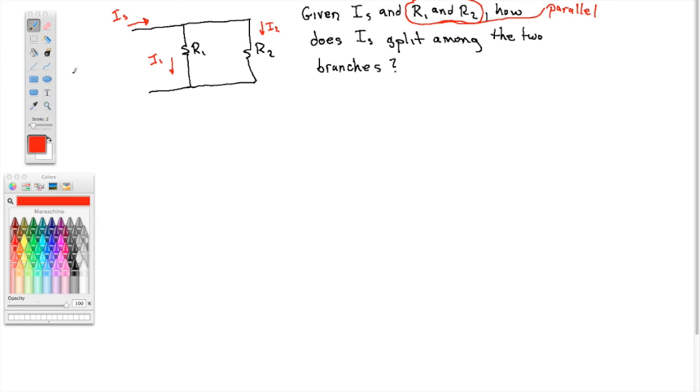Okay, well, there's a voltage from this top node to this bottom node. We'll call that V. All right? We know that 2 parallel resistors combine as the product over the sum.